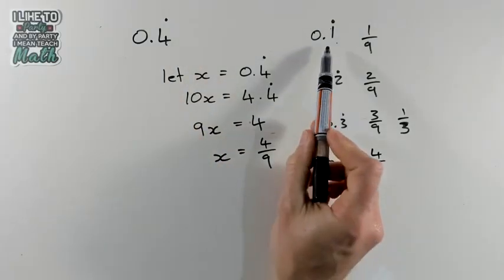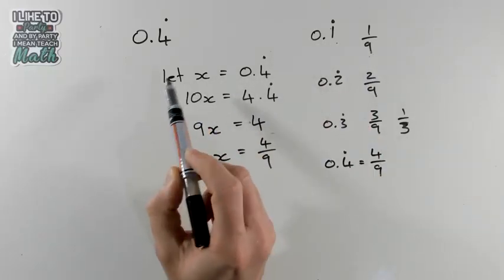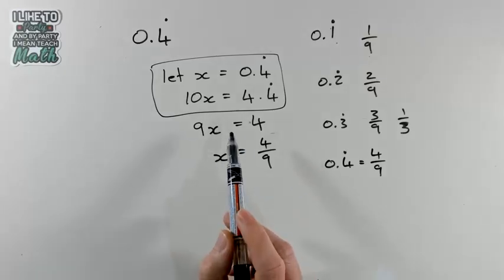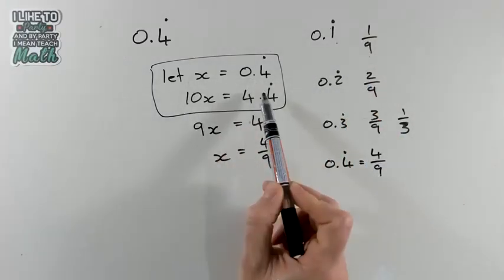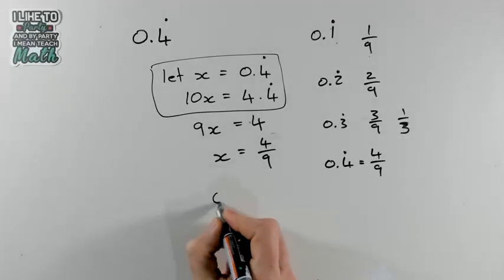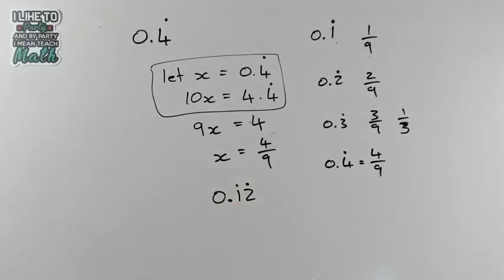I wouldn't just write it directly as that. I would at least show this step because that's usually in the memos. But if it's just 1 mark, I guess it's fine to go that way. But if it's 2 marks, I definitely want to show the working. In the next video, I'm going to do something a little bit different where we have 2 numbers recurring.